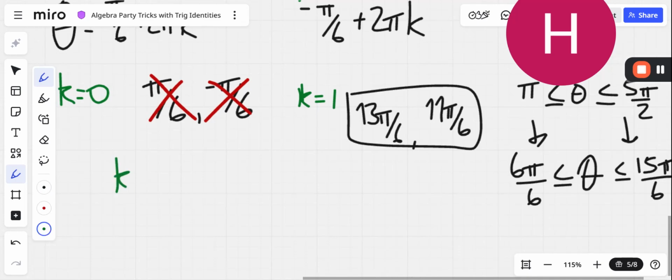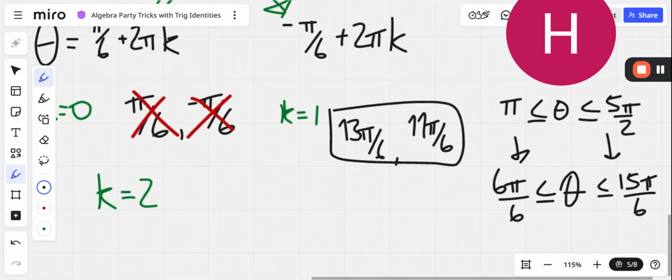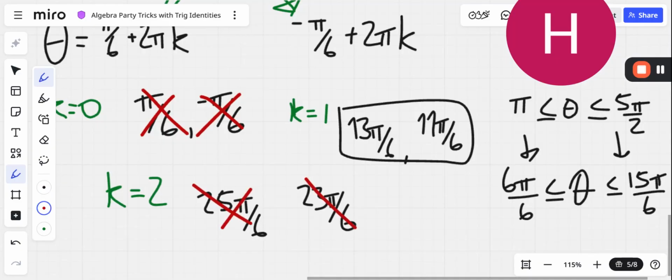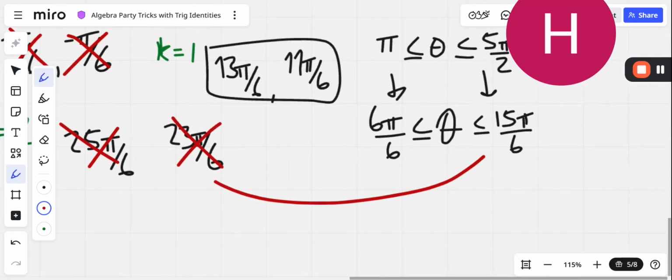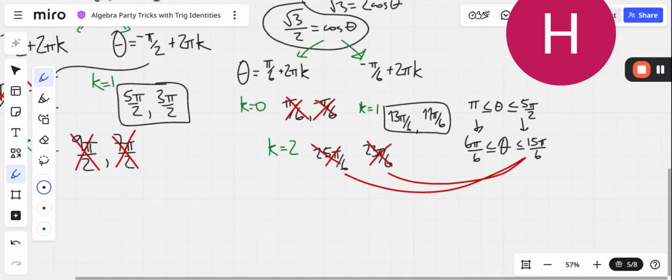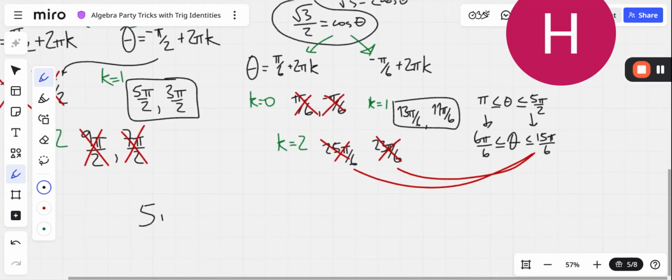Now if we go to k equals 2, then we exceed this range, because that would give us 25 pi over 6 and 23 pi over 6. These are both beyond the range of 15 pi over 6. So my final answers here are simply 5 pi over 2.